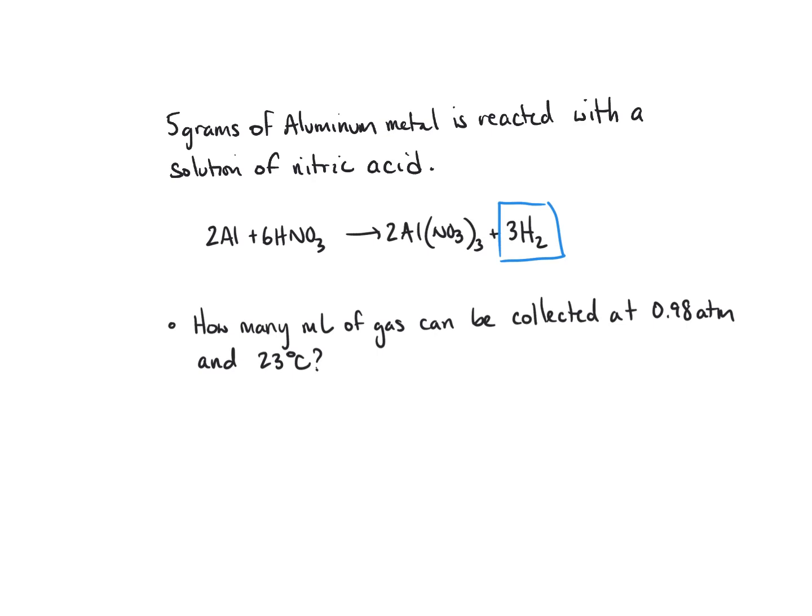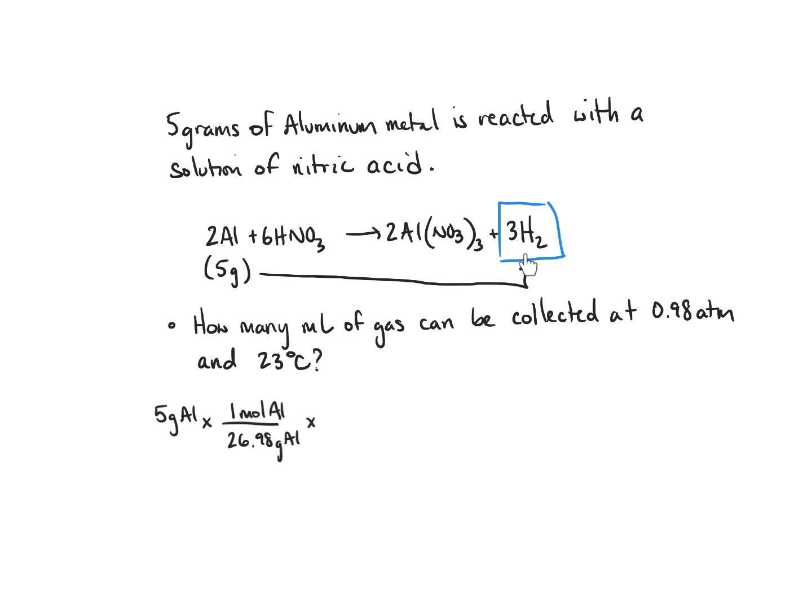Okay, so we know that we have 5 grams of this, and what we're trying to do is find how many milliliters of gas that hydrogen can make. So let's do a little stoichiometry. We've got 5 grams of aluminum. We know there's 26.98 grams of aluminum for every 1 mole of aluminum. Now we've got to go from aluminum over to this gas.